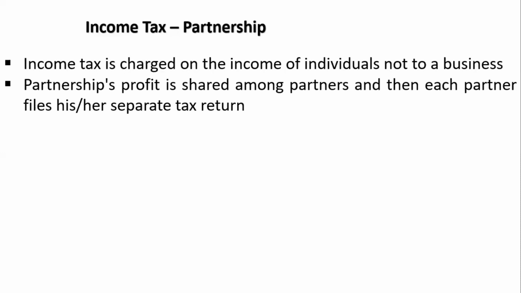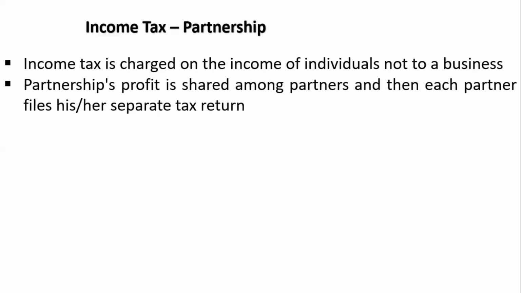Then in the partnership, you share profits to partners based on their percentage, their sharing ratio. So that is considered as a profit from their own individual business. So it's treated like a sole trader, and then we will assess the tax as we are doing on the sole trader. We will apply the sole trader rules.